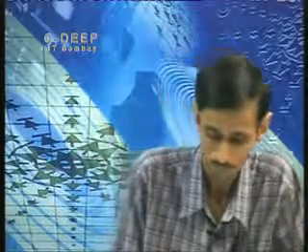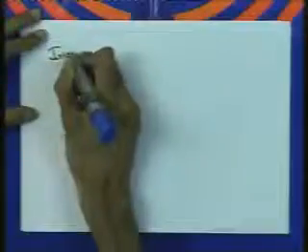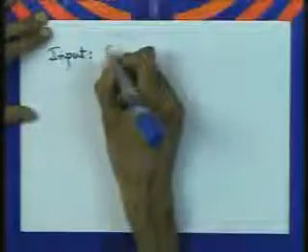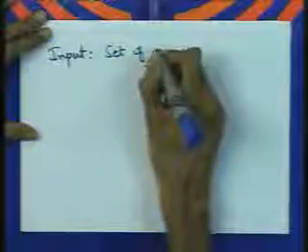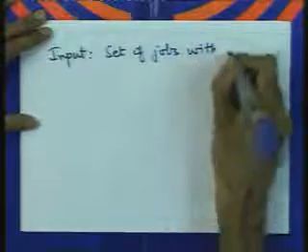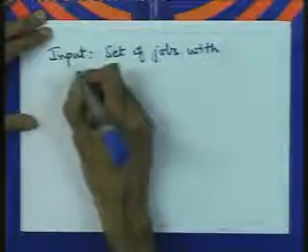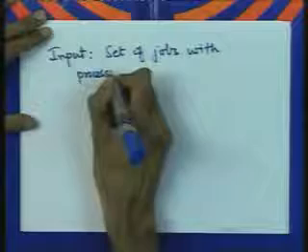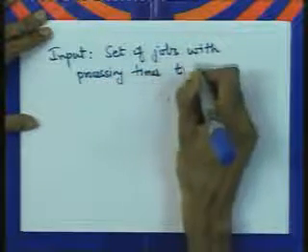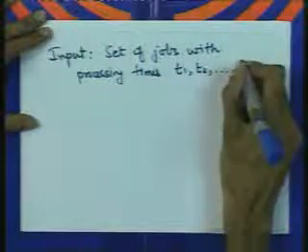It's again from scheduling. So you have a set of jobs. Okay, the input is a set of jobs with processing times T1, T2 to Tn.